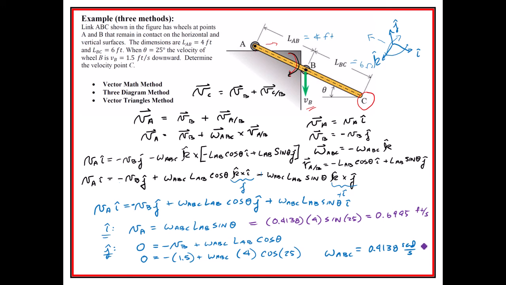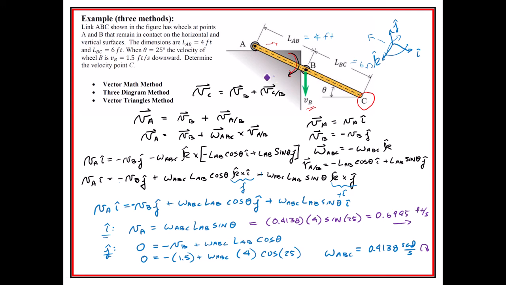And we might want to remind ourselves of the direction, right? Because that would be that direction. And down here for the omega ABC, we found that it was positive here because we already assumed it was negative based on arrangement. But the question is asking for the velocity of C.